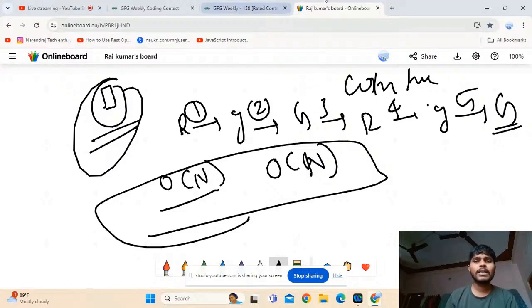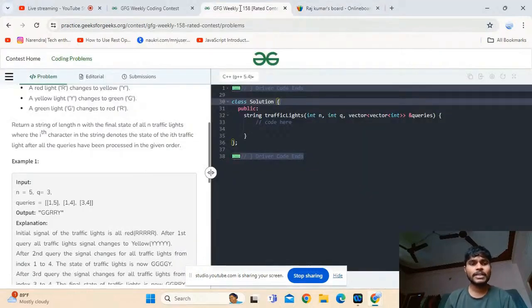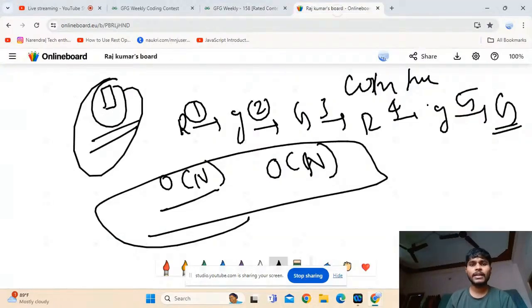Here guys, one thing you have to remember, the main thing we have to notice is: first r, then y, then g, then r, then y, then g.